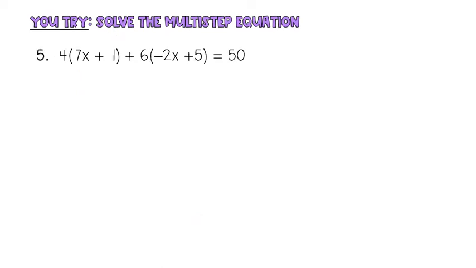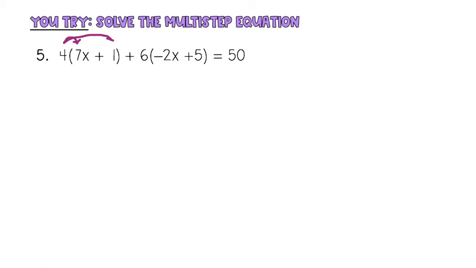Let's look at one last example problem, and I want you to try it on your own. You have 4 parentheses 7x plus 1 parentheses plus 6 parentheses negative 2x plus 5 parentheses equals 50. We're going to start by drawing our arrows to represent that we are distributing.